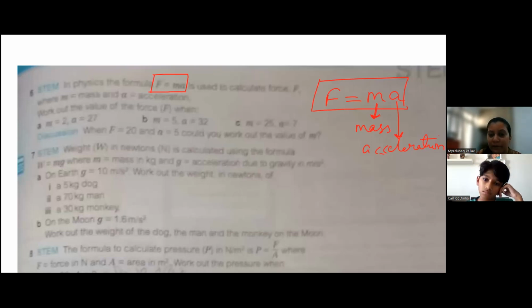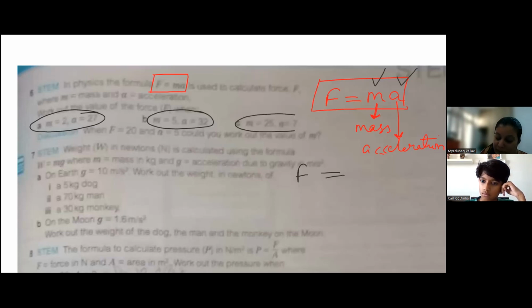Yeah. So this formula we have. Simply we have to find different values of F for different values of m and a. In each of these parts, values of m and a are given to us, and we have to find the value of force.